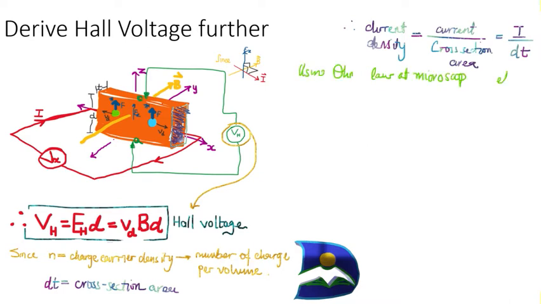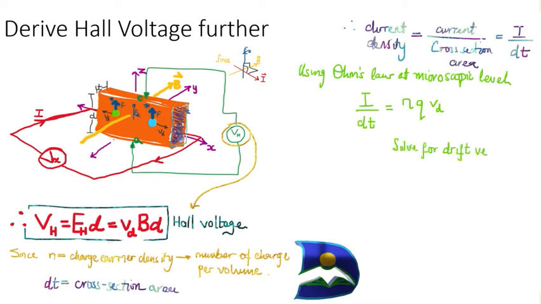Using Ohm's law at the macroscopic level, we can express our current density in terms of the charge carrier density and the quantity of charge, which is equal to I divided by dt, equal to n times the quantity of charge times the drift velocity.